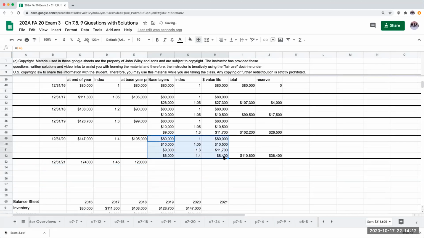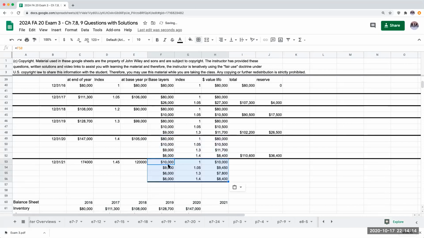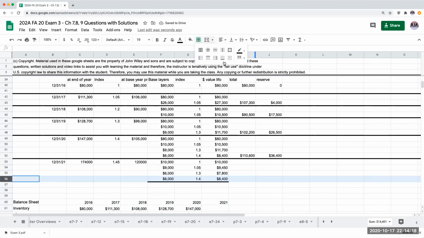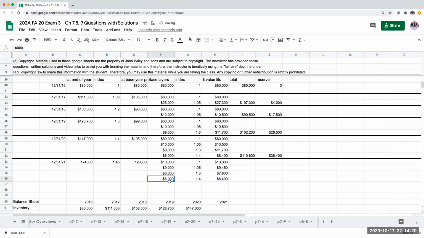So what I'm going to do here is just copy these down. So this is 120,000. So this was 105, so I'm adding on 15 at 145.